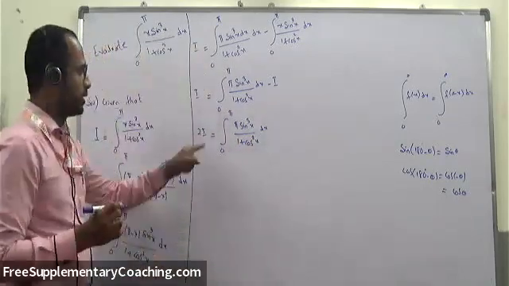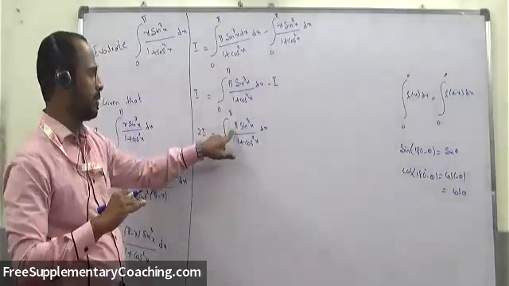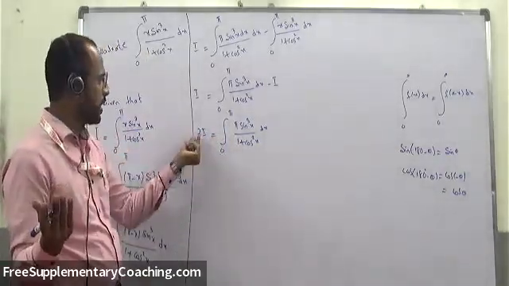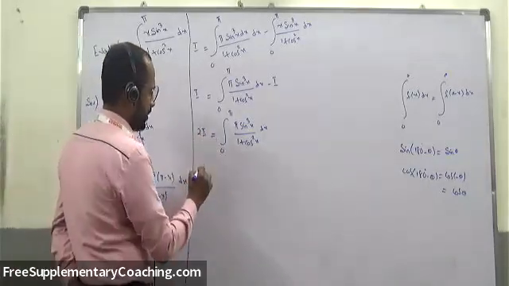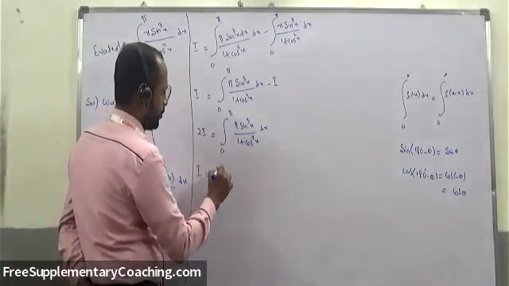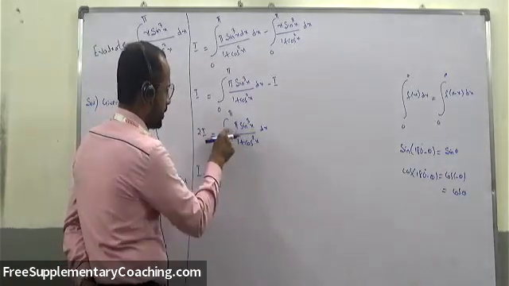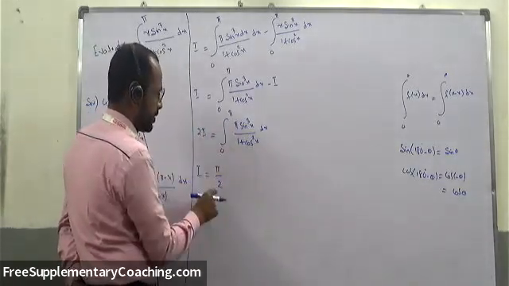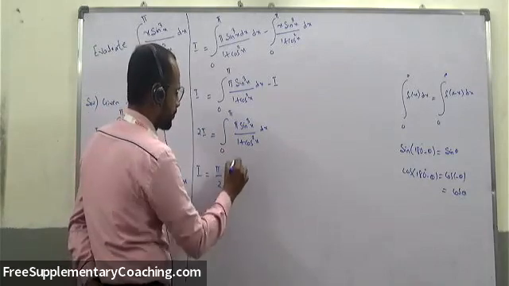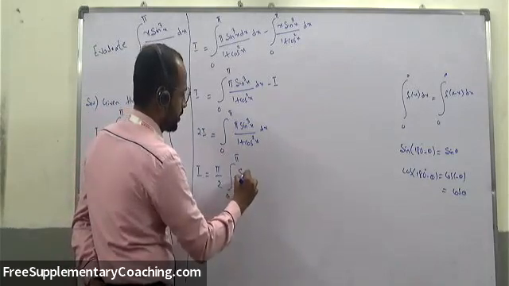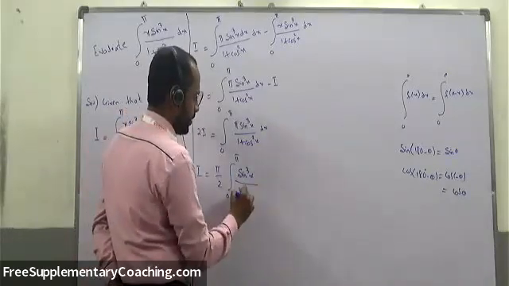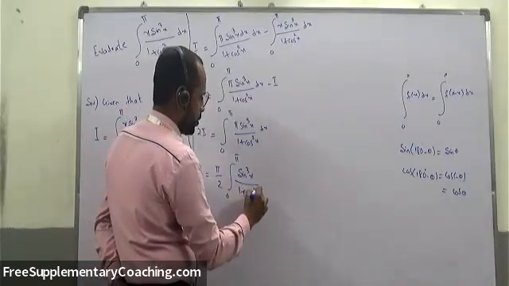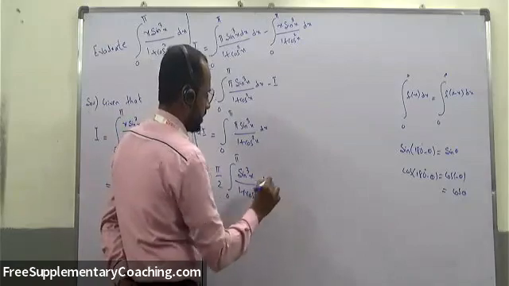This pi is a constant, you can keep it outside, not an issue. And this 2 goes to the other side in multiplication, so you will get I is equal to pi by 2 times the integral 0 to pi sine cube x divided by 1 plus cos square x dx.